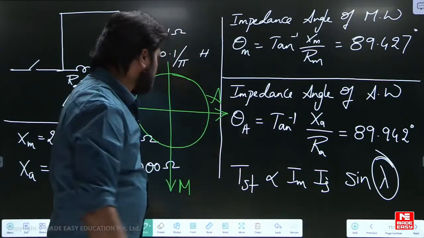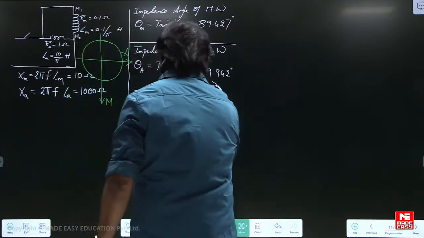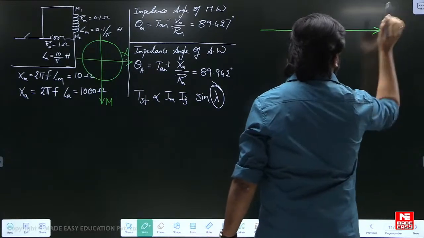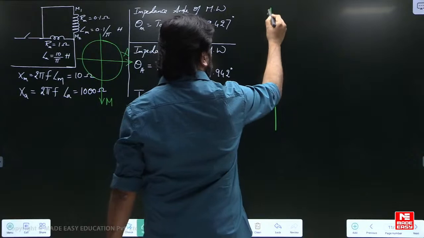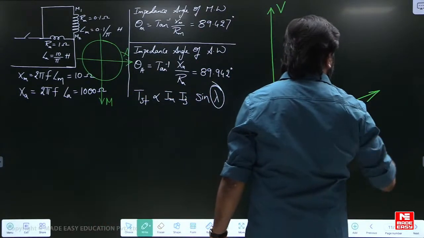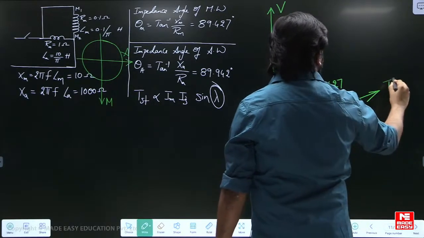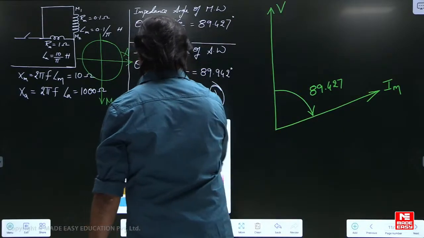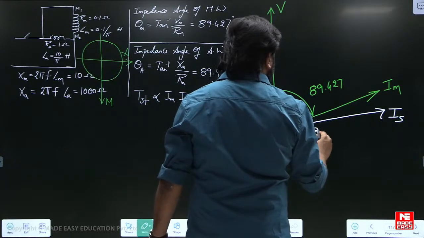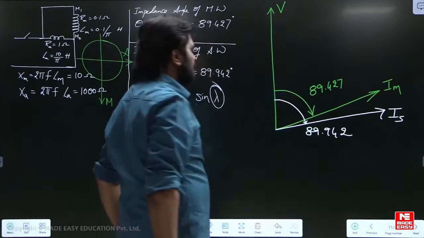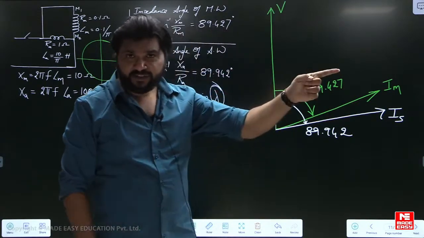Can we say that? So Im leads Is. The flux always moves from the leading phase to the lagging phase.